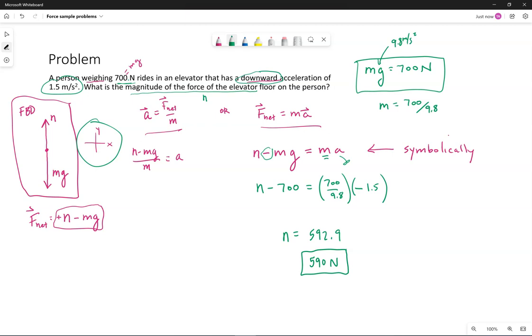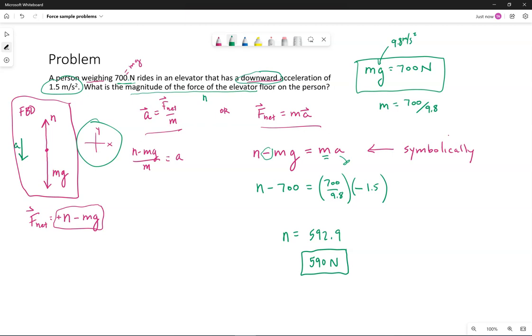This is less than the person's weight. We should be able to reason through that. If you think back to the conceptual questions we went through, in order for there to be a downward acceleration, the net force also has to be downward. The acceleration direction is always the same as the force direction.